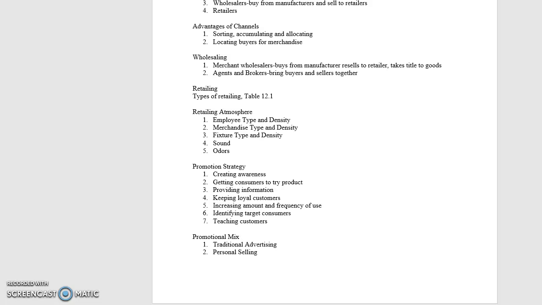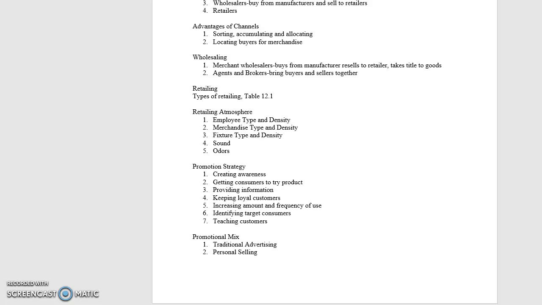Fixture type and density. That is kind of, how is it displayed? What is the lighting? Is it bright? Hollister is a classic example of a store that is not well lit. And that's just part of their image. How are things displayed? Again, think of Dollar General, and then maybe something like the Gap.